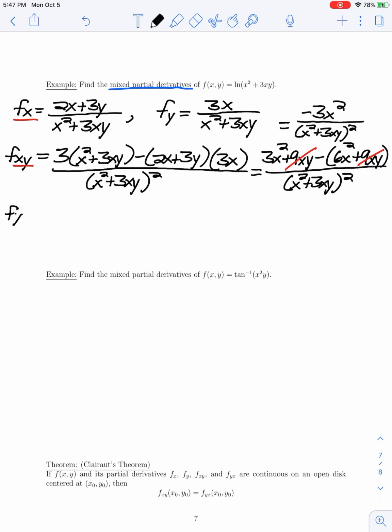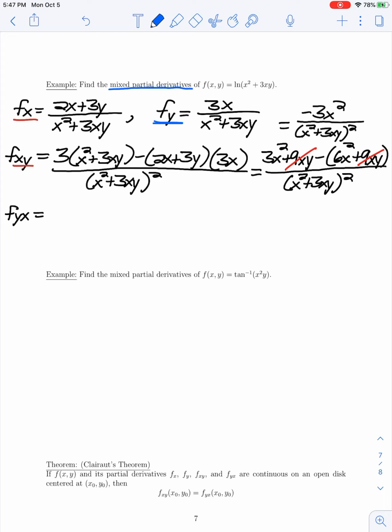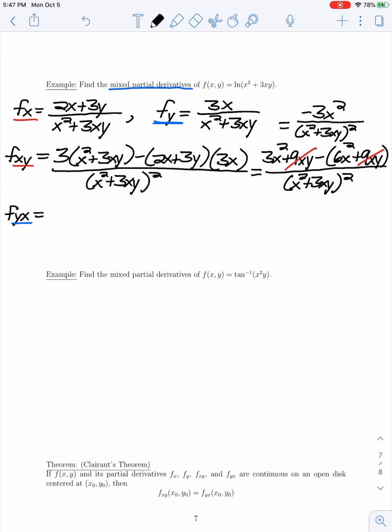Now the partial f sub yx is found by first taking the partial derivative with respect to y and then differentiating with respect to x. Now again, here we'll have to make use of the quotient rule. So we differentiate the numerator with respect to x, which would be 3, times the denominator, x squared plus 3xy.